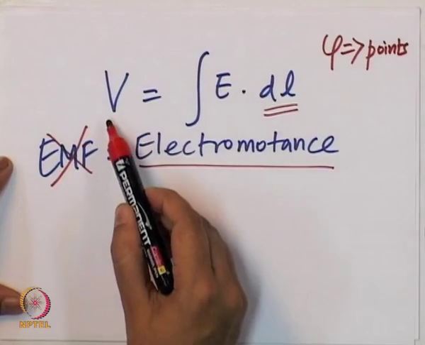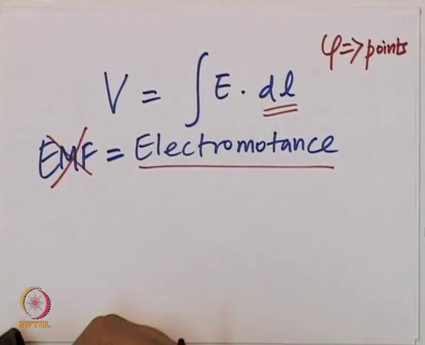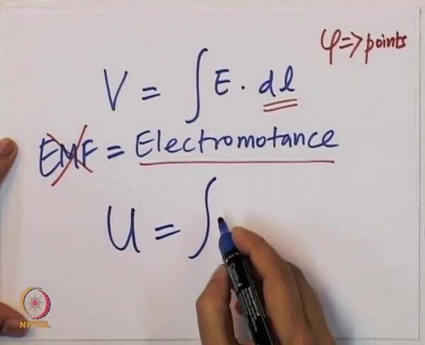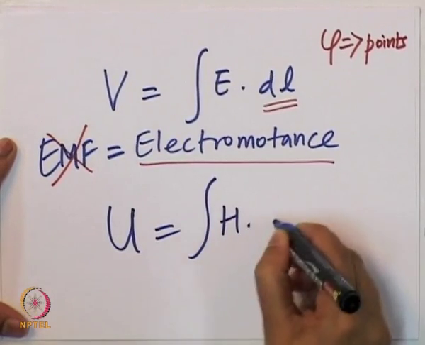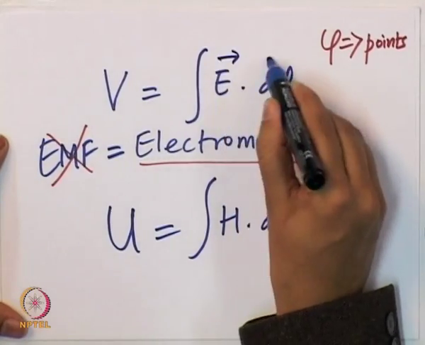So in the case of electromotance, the association is with respect to the line, and the other one is called magnetomotance, which is the counterpart. Basically the counterpart is U equal to integral H dot dl. So these are dot products because they are all vectors.